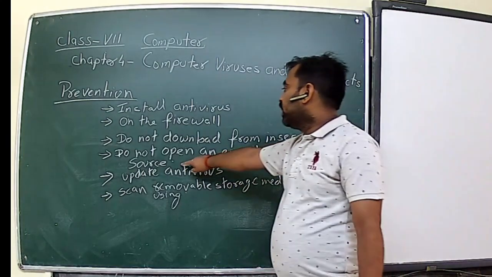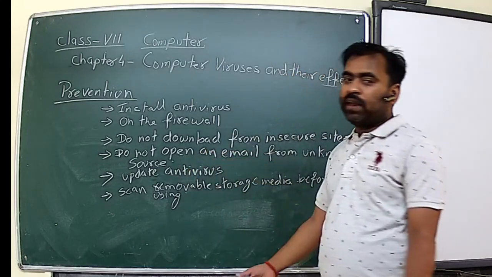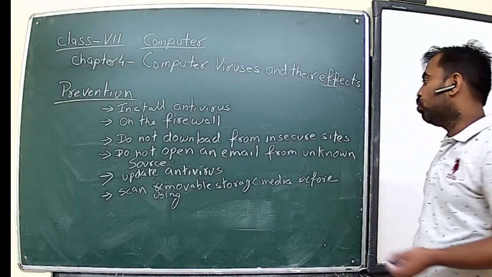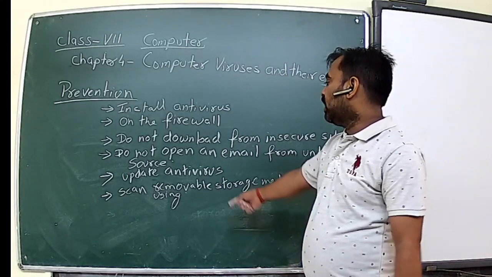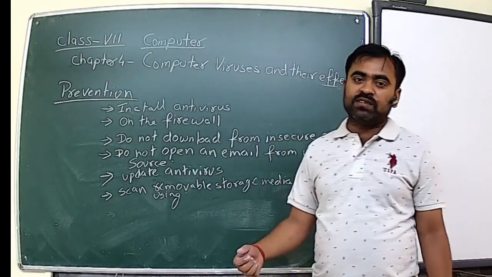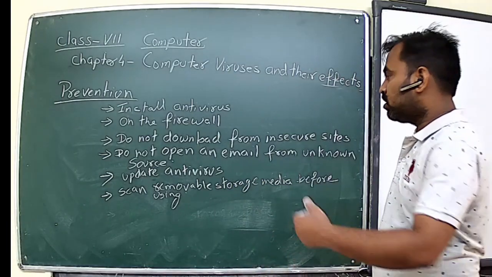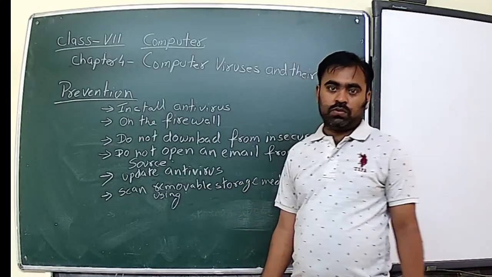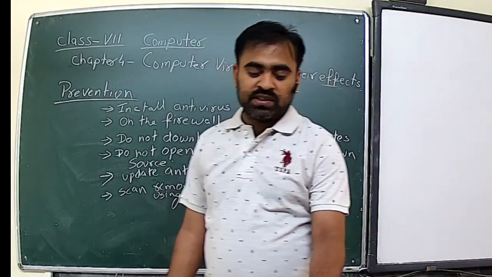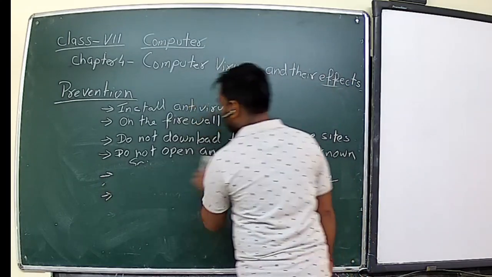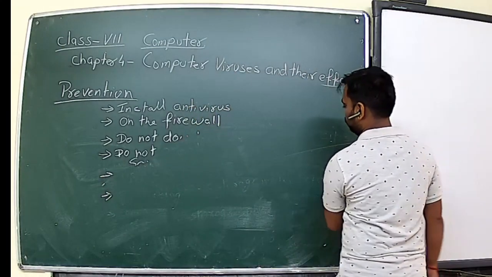Do not open an email received from an unknown source. And lastly, always scan removable storage media like CDs, pen drives or external hard disks before using them. Okay. So these are the prevention measures which we can take to avoid virus infection.